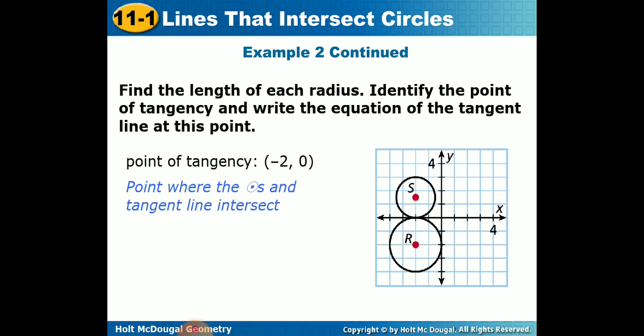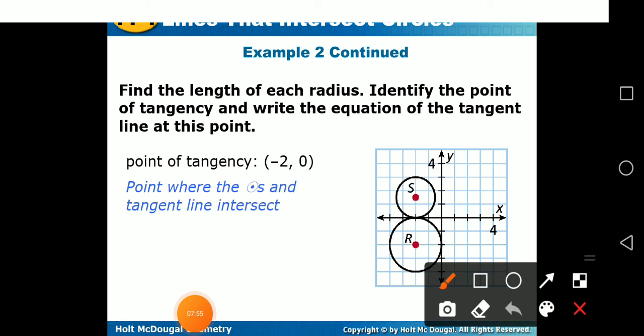After that, he asks me to identify the point of tangency. Where's the point of tangency here, guys? The point of tangency is where the two circles meet or intersect, the best word. So they intersect at this point. Can you see this? I move on the x-axis first.